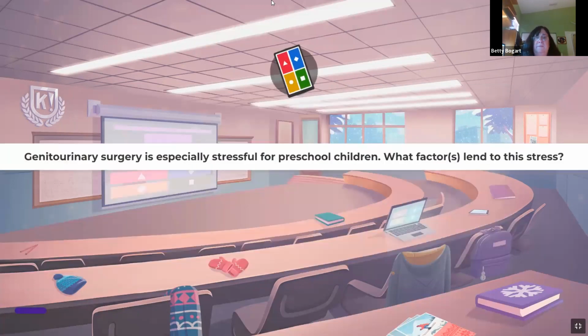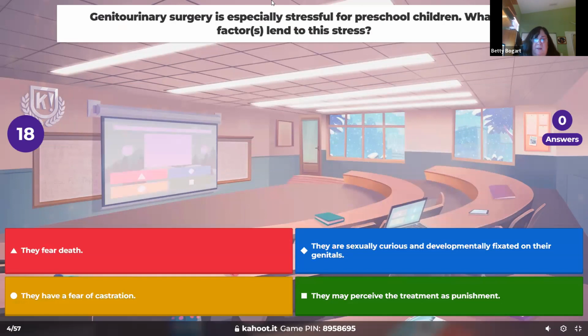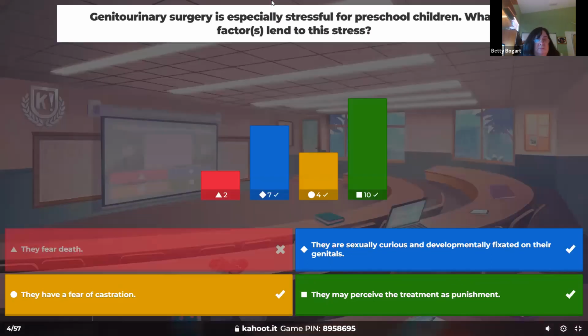A multi. Genital urinary surgery is especially stressful for preschool children. What factors lend to this stress? Preschooler, ages 3 to 5. So they don't fear death.